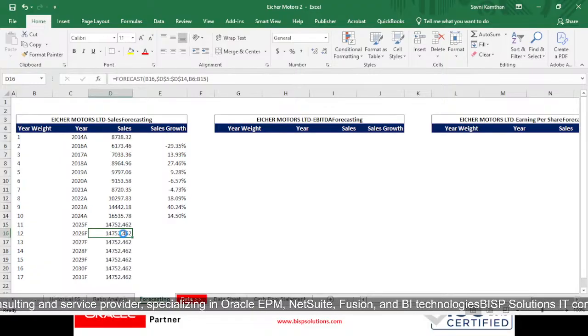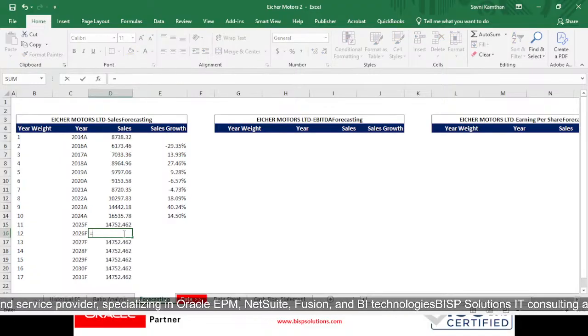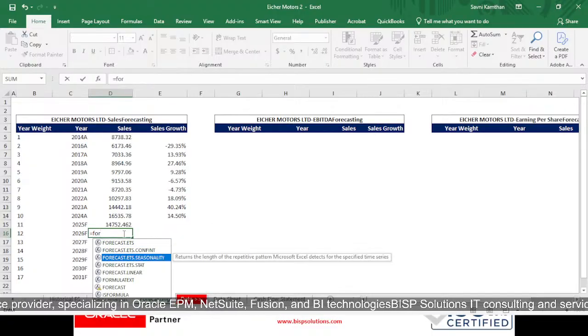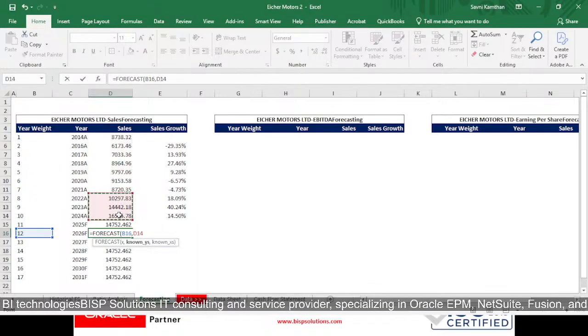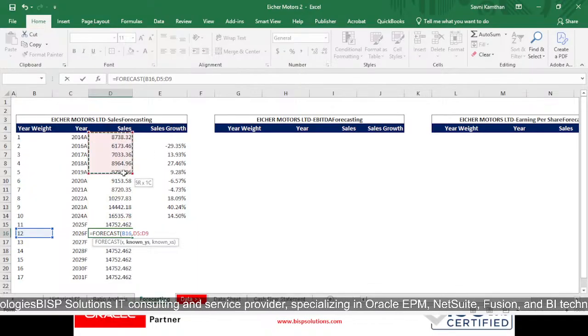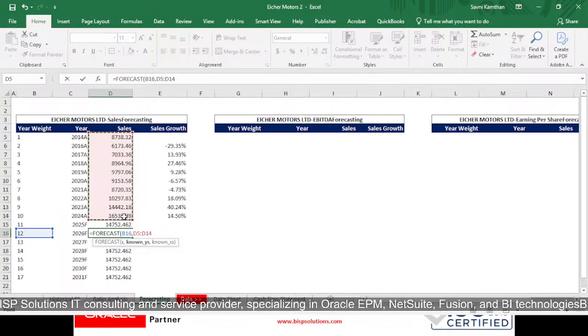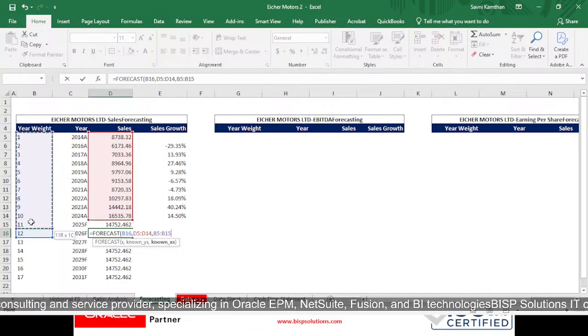What I will be doing again, equals to FORECAST, then 12, and known y's is our sales. It is again showing us the same issue. Then our year weight.